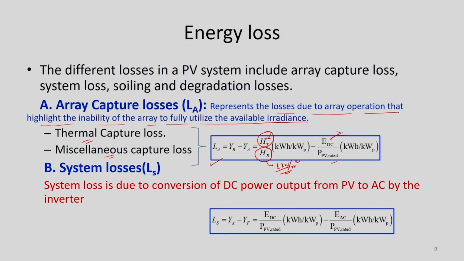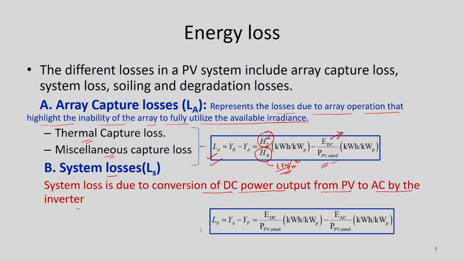And this is the energy delivered by the PV module, and this is the rated one. So, if we know this expression, then from that we can calculate the array capture losses. In case of system losses, these losses are due to conversion of DC power output from PV to AC by the inverter.